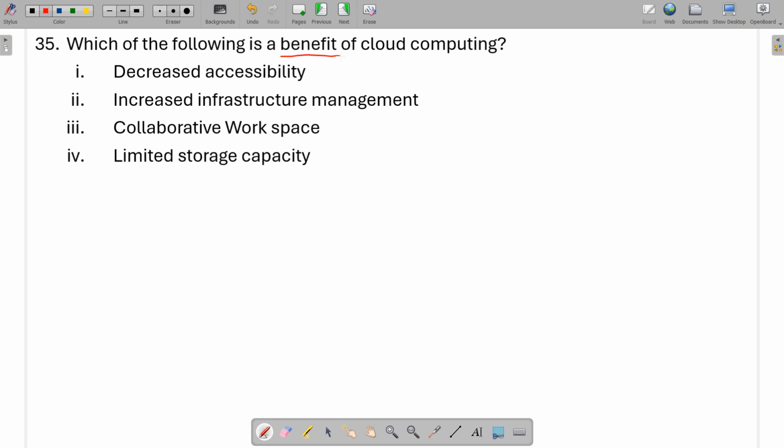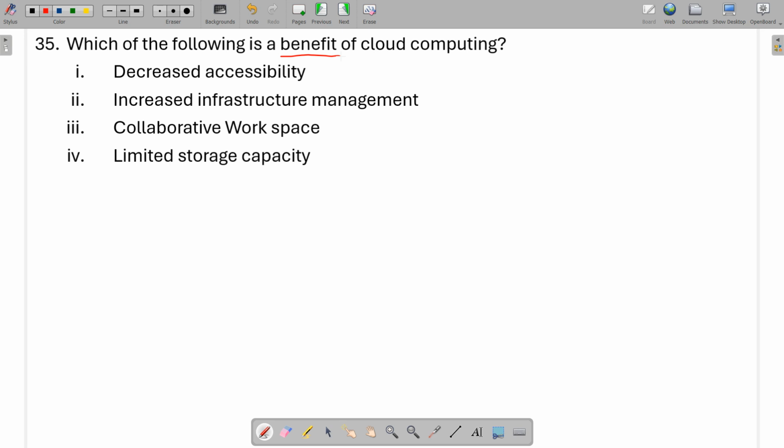So decrease accessibility is not going to be a benefit. And increase infrastructure management: if the infrastructure management is increased, it's not going to be a benefit. Cloud computing does not increase your infrastructure management, it actually decreases it, because we don't need to think about the storage and how things are going to be arranged.